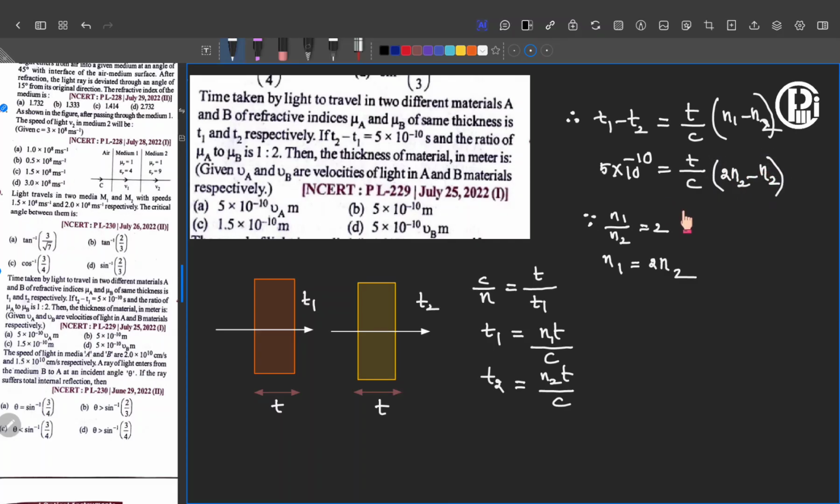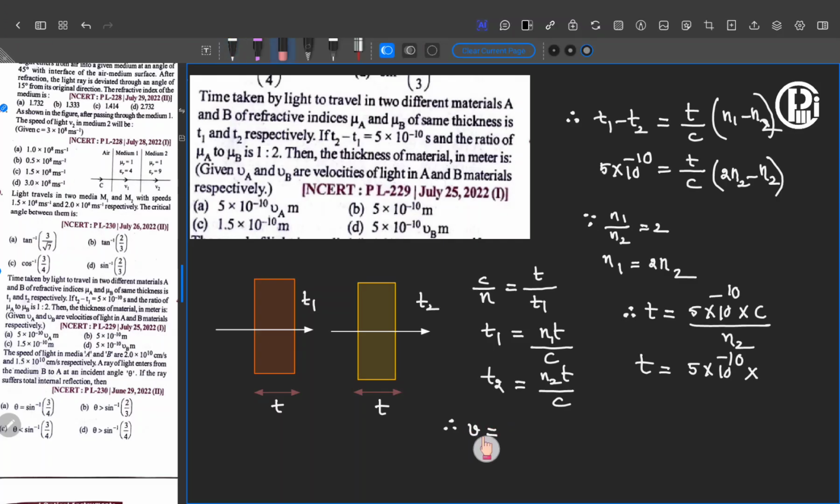So therefore thickness t is equal to 5 into 10 power minus 10 into c by n2, right? Therefore thickness t is equal to 5 into 10 power minus 10 into, this c by n2 can be written as the velocity V2, since V2 is equal to c by n2.